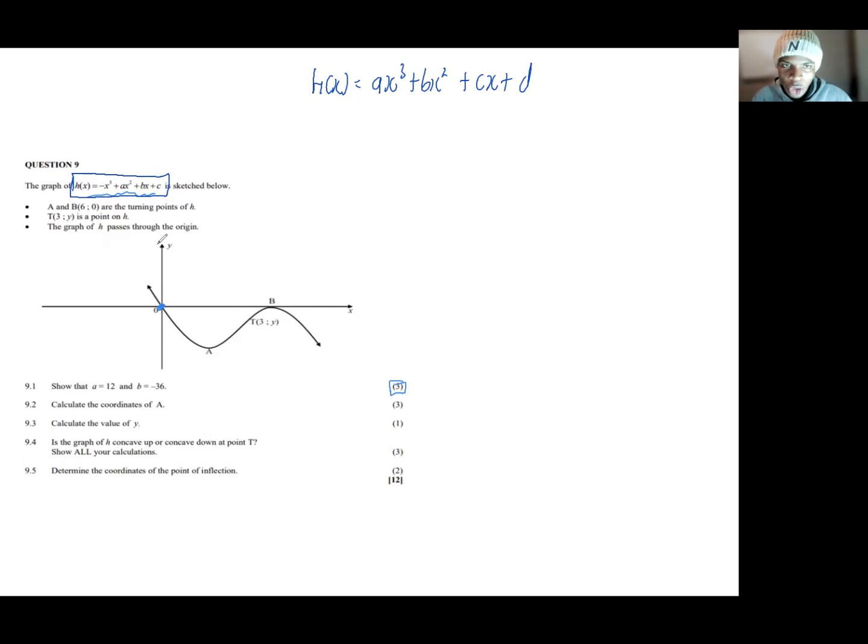So we are going to consider this to be in this format: negative x cubed plus ax squared plus bx plus c. Basically, what we have as our c here is what we normally say must be the y-intercept. In that position, we know that our constant value is normally the y-intercept.